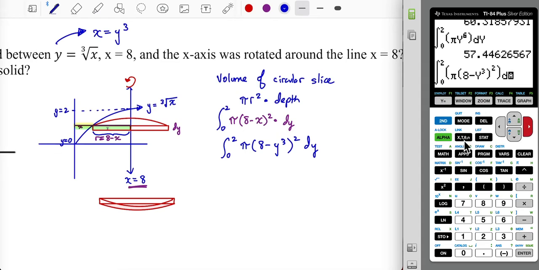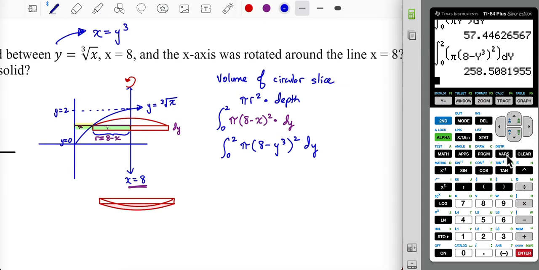So pi r squared dy. And we're looking at about 258.508, and that's units cubed.